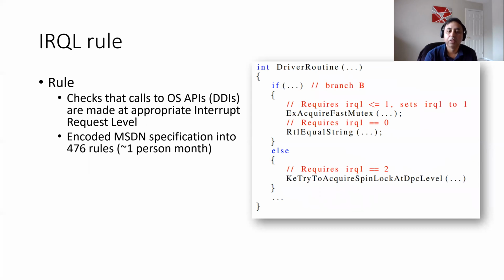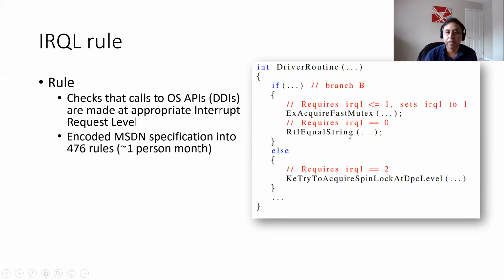So you could write the checks independent of the driver as a set of rules, and we spent a person month to write around 500 rules that capture the appropriate request level for an API and how an API might change the interrupt request level. In this example on the right, the first call, EX acquire fast mutex, has a requirement of the IRQL being less than or equal to 1, and it also alters the interrupt request level variable to 1 after this method is called.